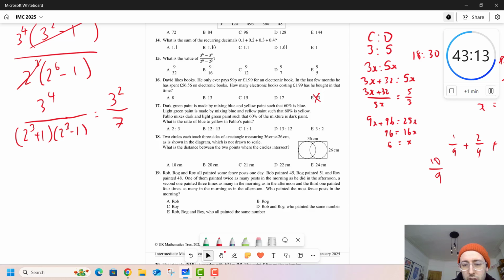Oh wait, if we do 7 times 9, it's a 3. 15 times 9 is a 5. I think it has to be 17, because 7 times 9 gives you a 3, and that gives you a 6 at the end.